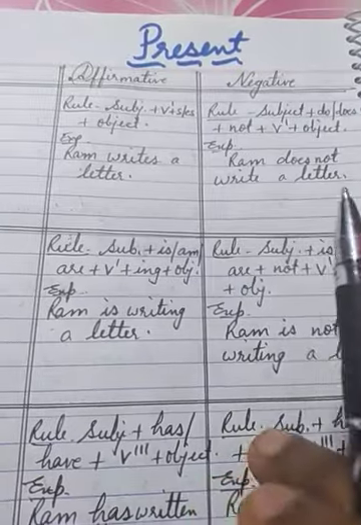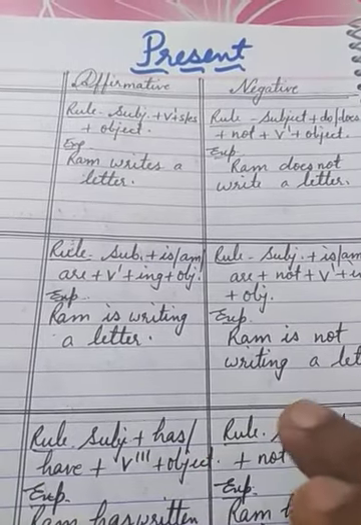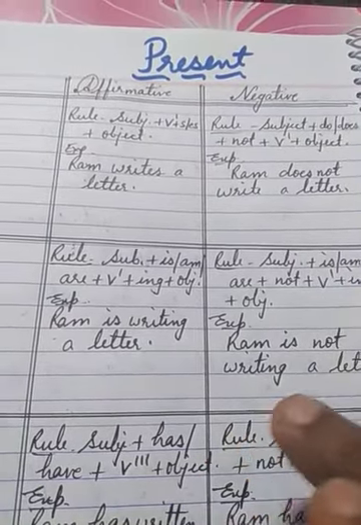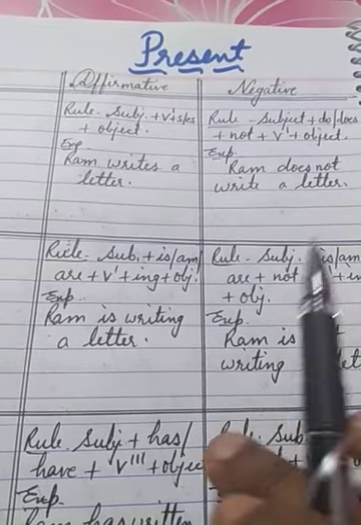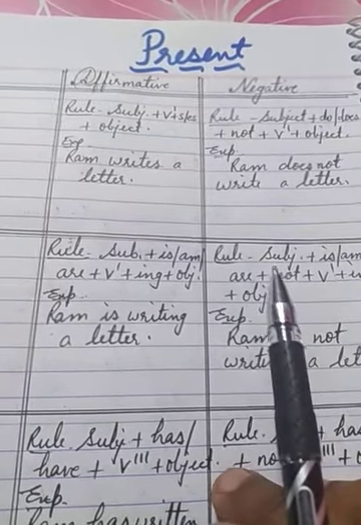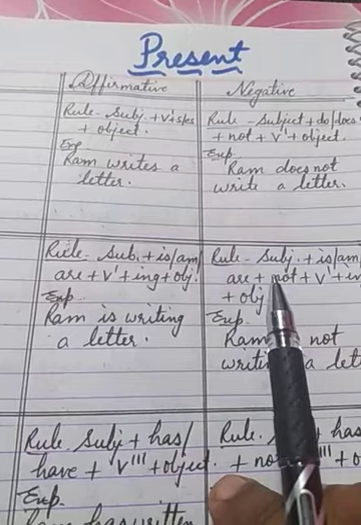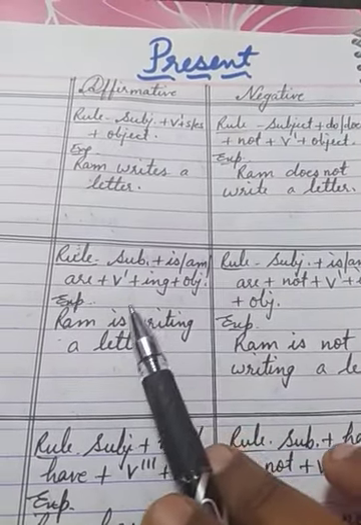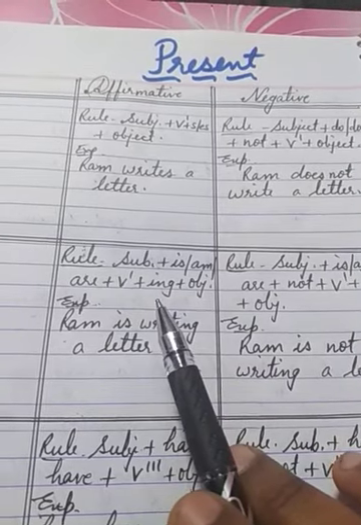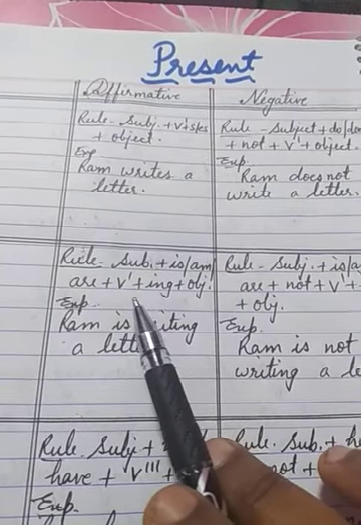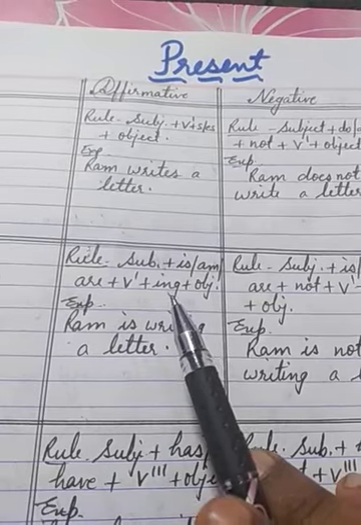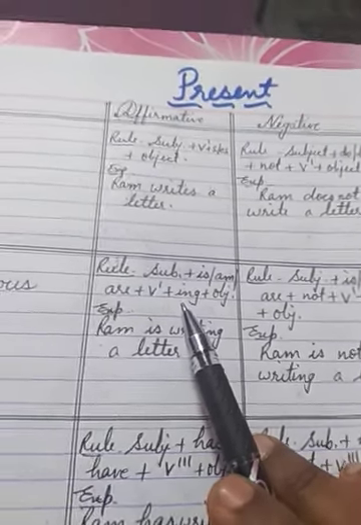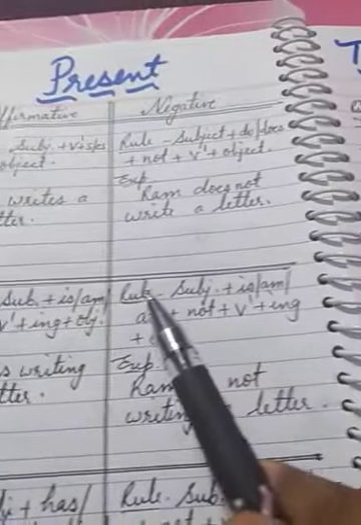I hope everyone knows that is is used with a singular subject, he, she, it; am is used with I; and are is used with plural subjects, we, they, you, etc.